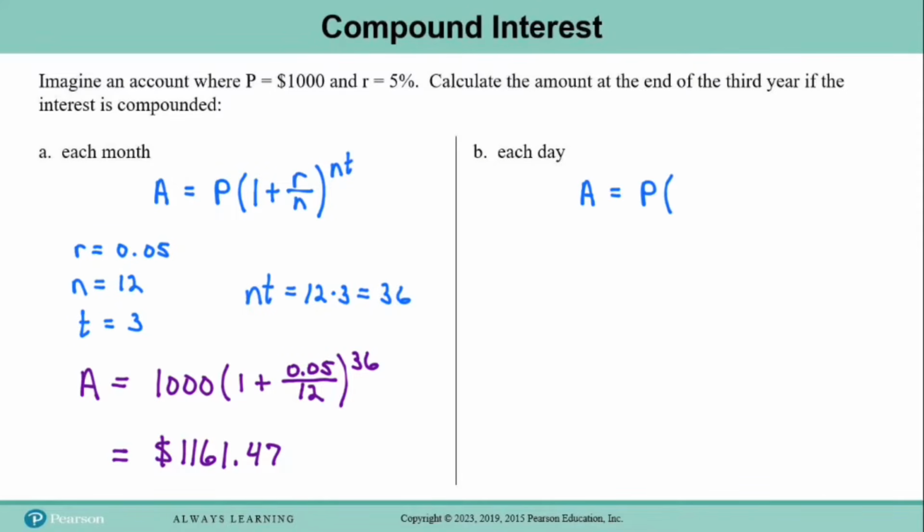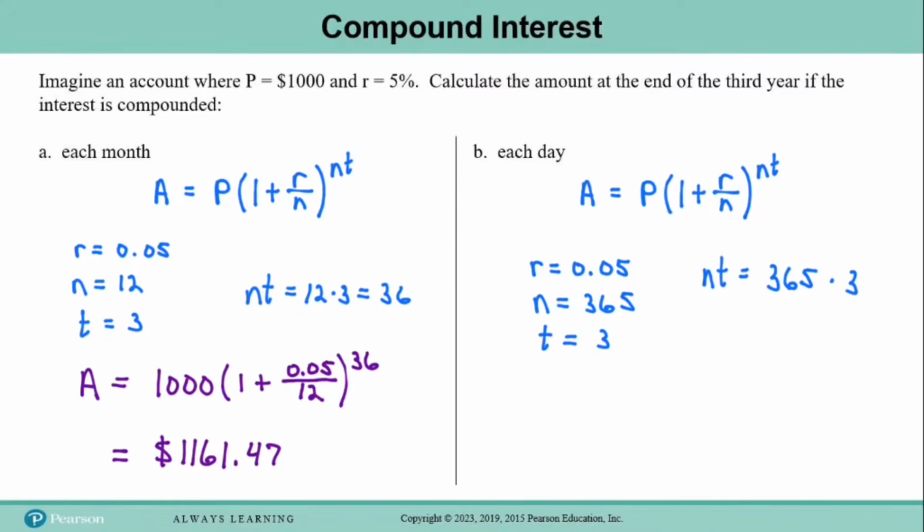So this time, same formula and same r, but since we're compounding each day, n will be 365, because there are 365 days in a year. The time is still 3 years, so when we calculate n times t, that's 365 times 3, and that's going to be 1,095.